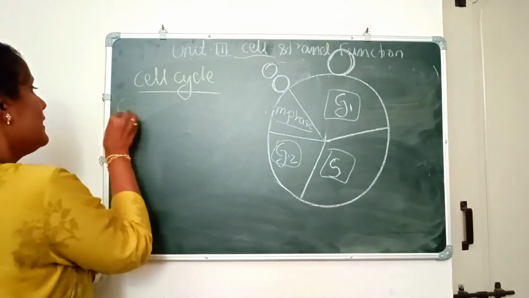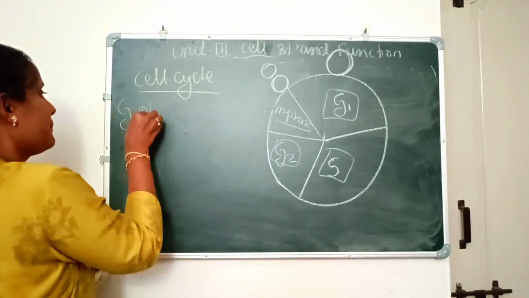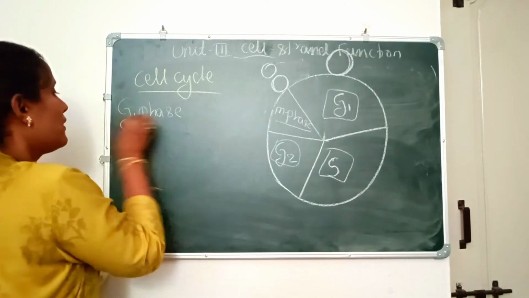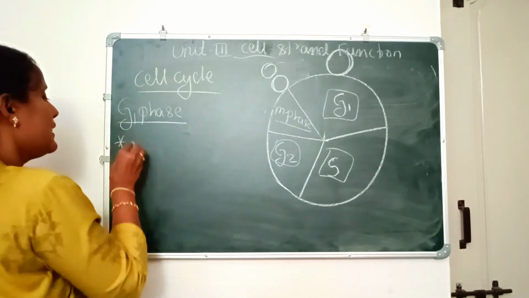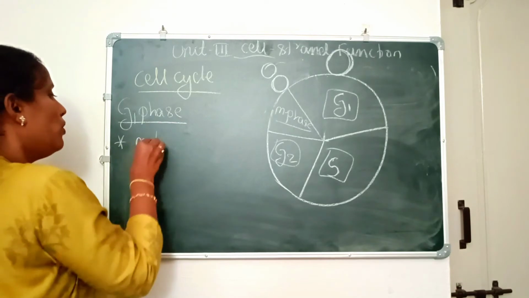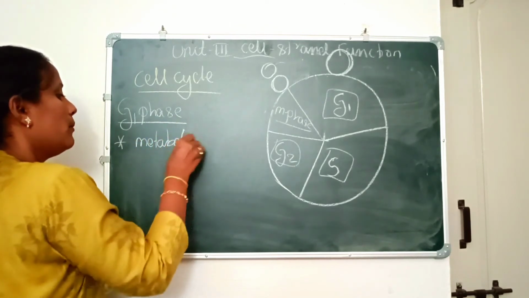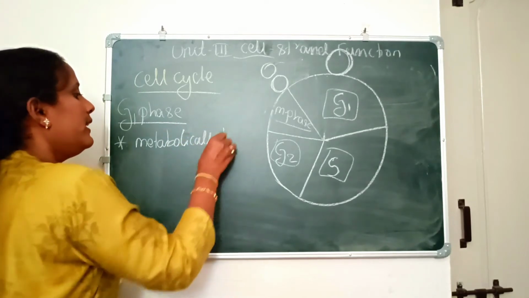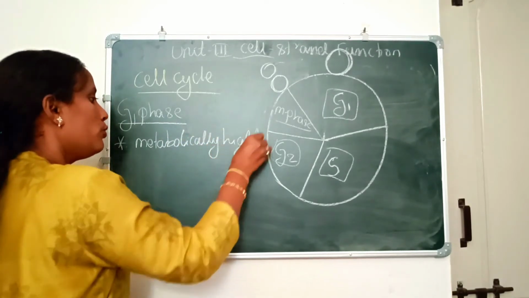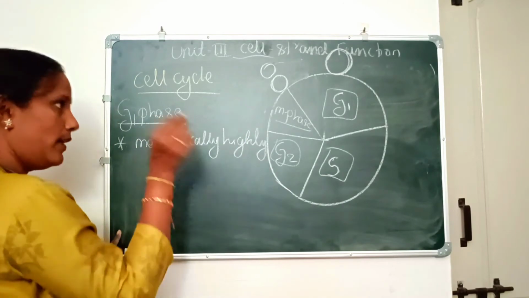So firstly, the G1 phase. In G1 phase, the cell is metabolically highly active, even though it is called resting phase.